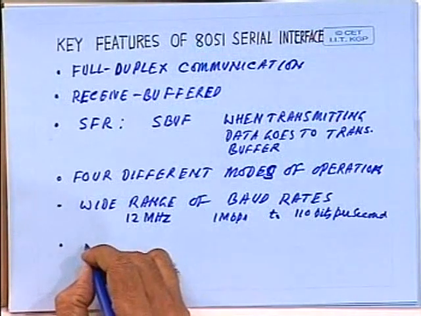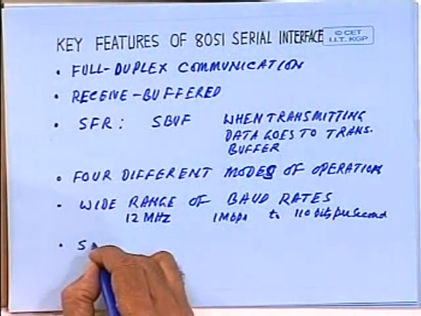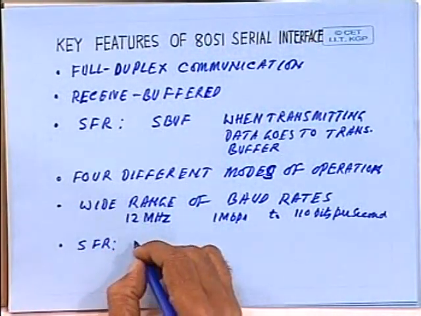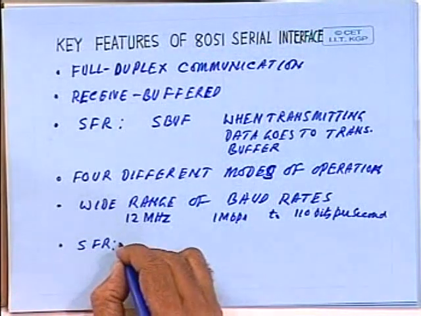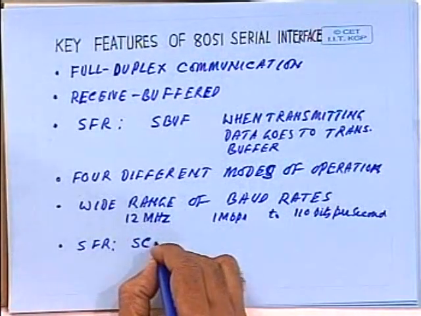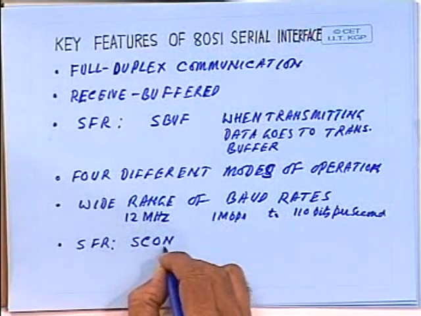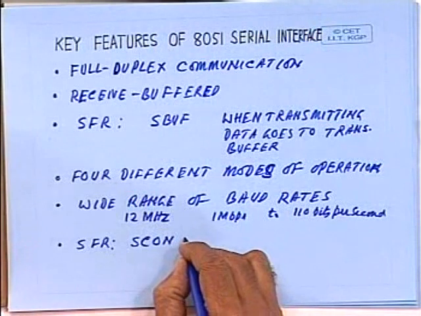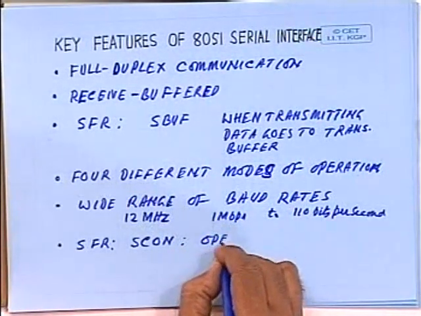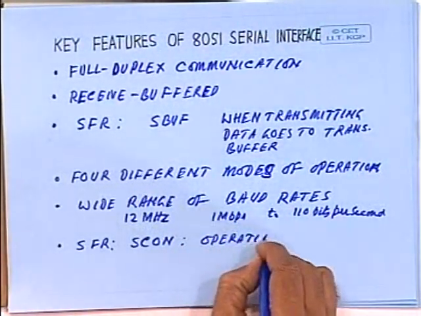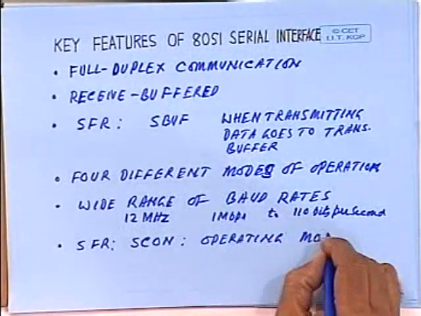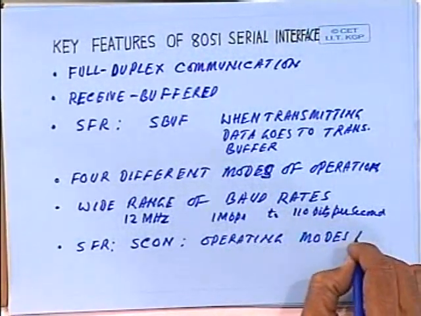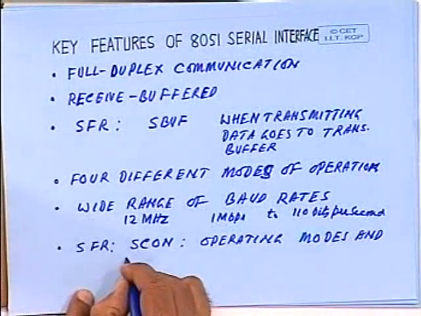Then it has been provided with special function registers to facilitate programming. That means you have SCON, which stands for serial control, and it is used to define the operating modes and some control functions.